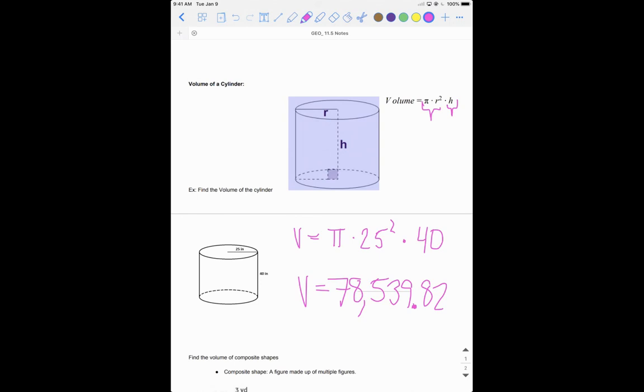Again, check out our units. Our units here are inches, so toss our inches. And our units should be cubed since we're talking about volume.